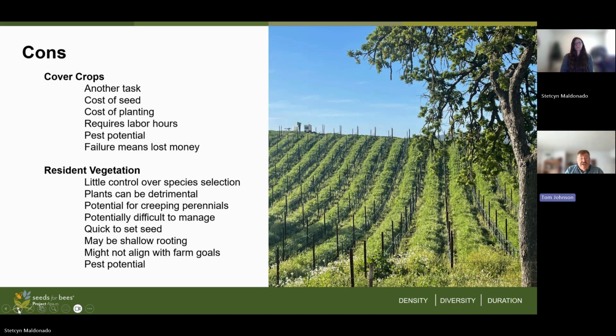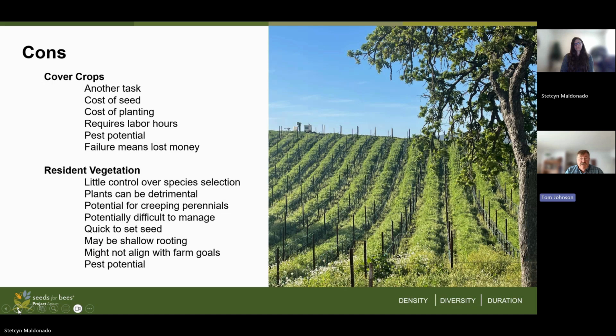A con of resident vegetation is we don't have a whole lot of control over what's going to show up. So a lot of those plants can be pretty detrimental. They can be hard to work around to get harvest off of. They can also compete with moisture a lot more. A lot of times those detrimental ones are potential creeping perennials.